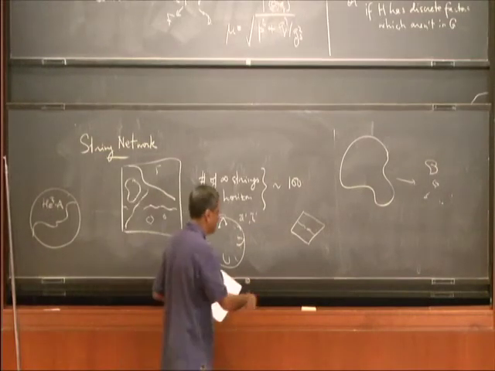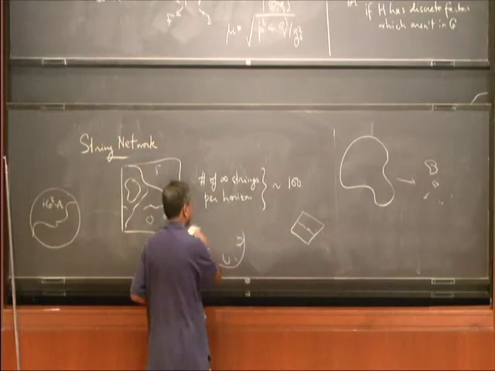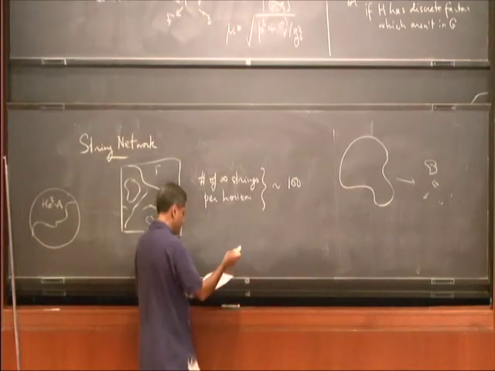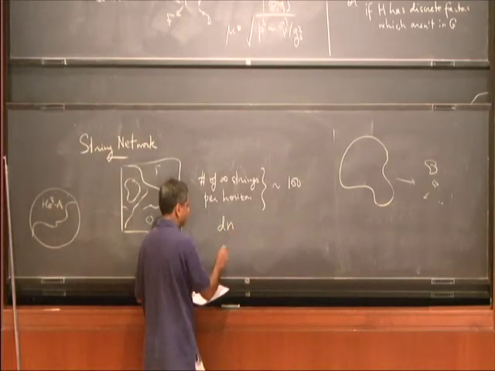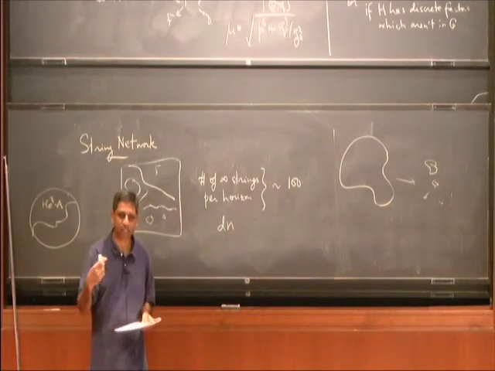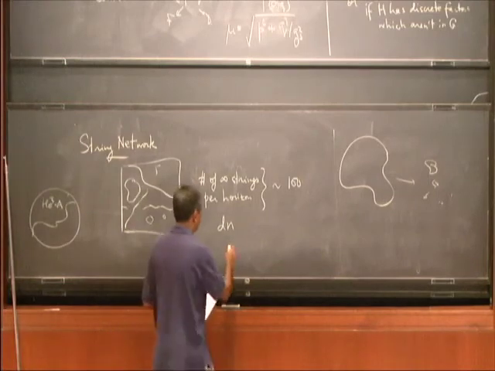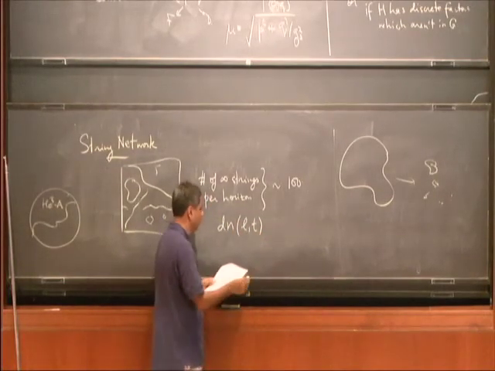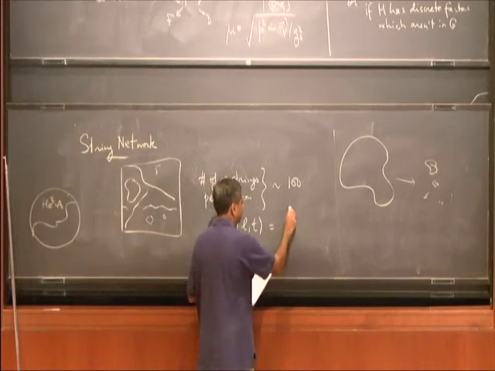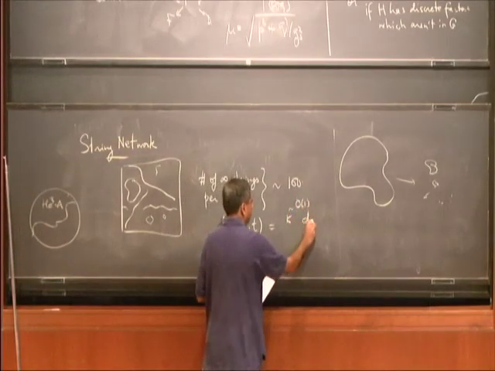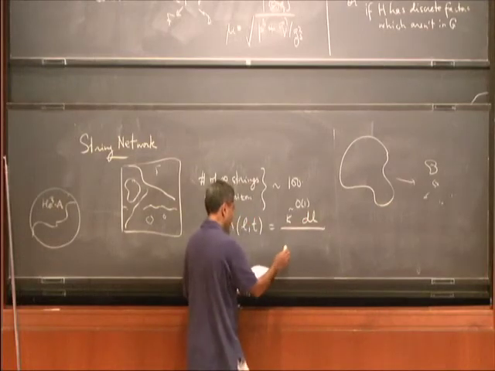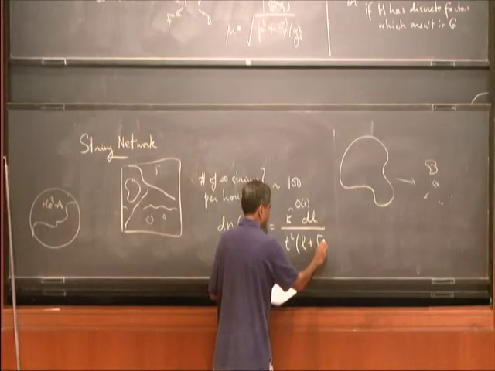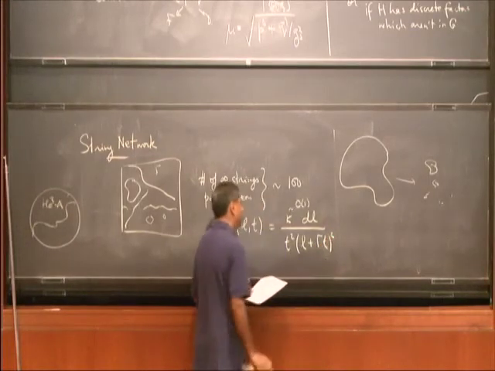Anyway, the length distribution of loops is less certain, but in the literature, what you do is you just adopt the scale invariant distribution. So the number of loops of a given length at a given time is some number which is order 1 times dl over t squared (L plus gamma t) squared.